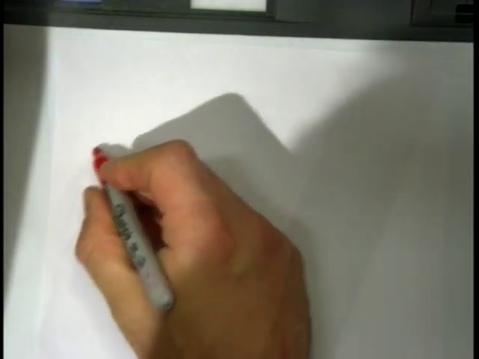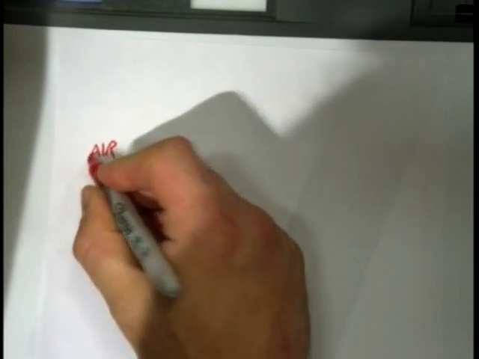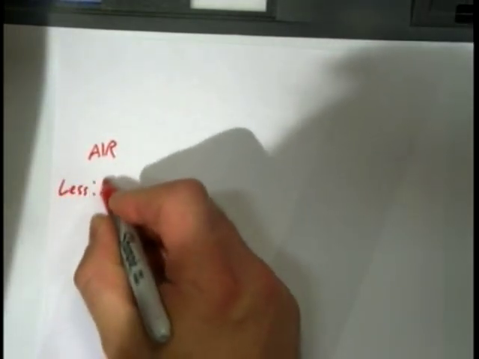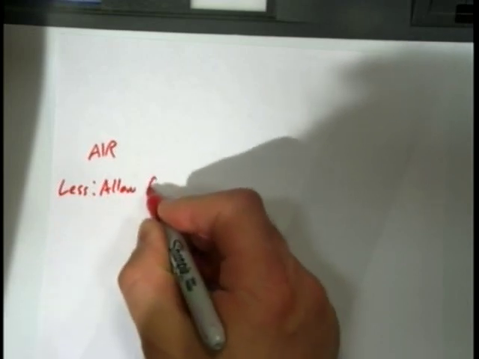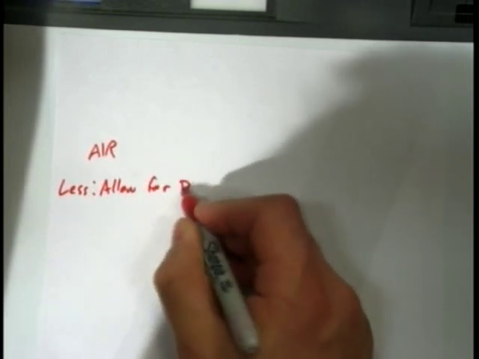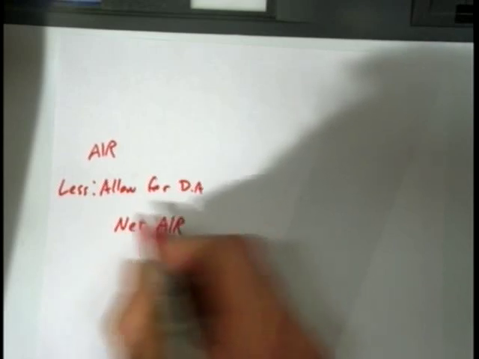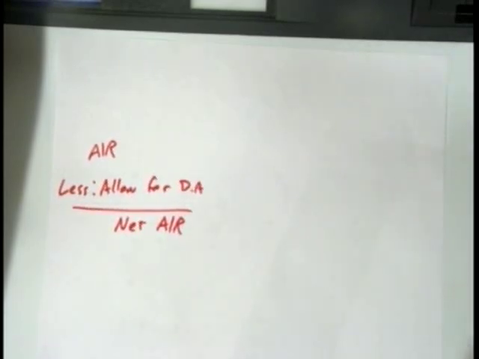Let's say we know we have accounts receivable on the books less the allowance for doubtful accounts, correct? And that equals our net AR. We talked about that, right?